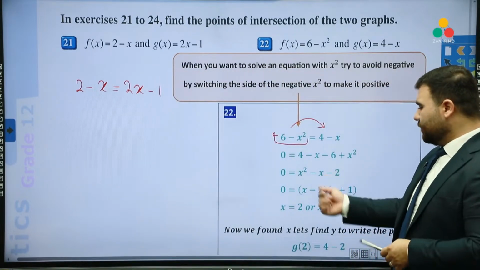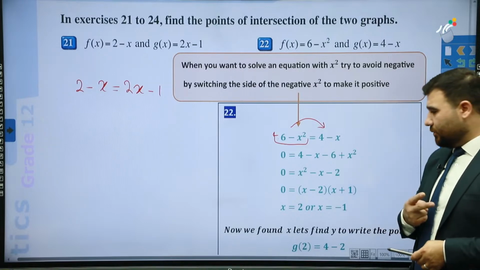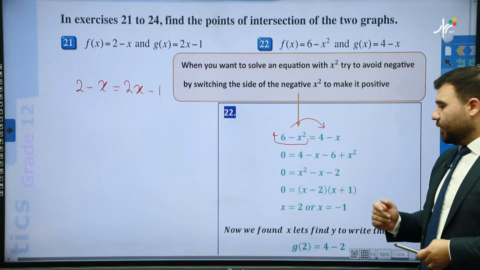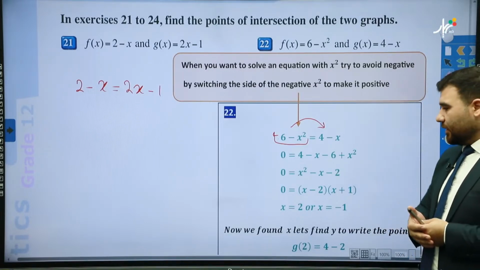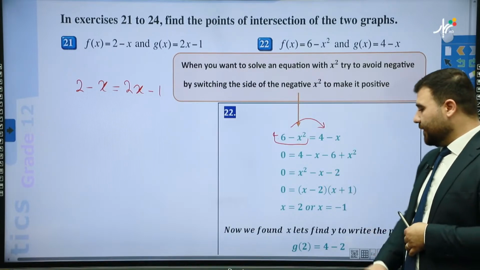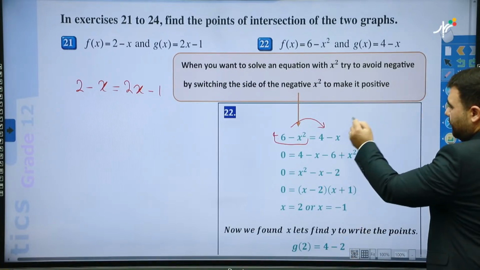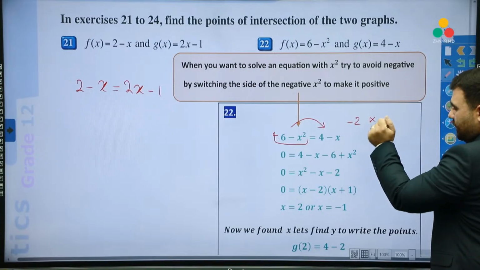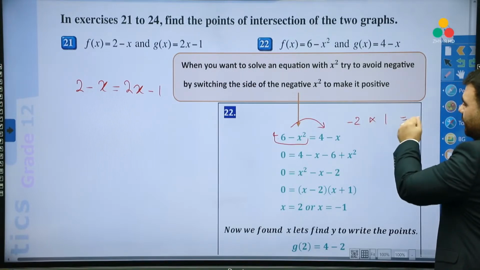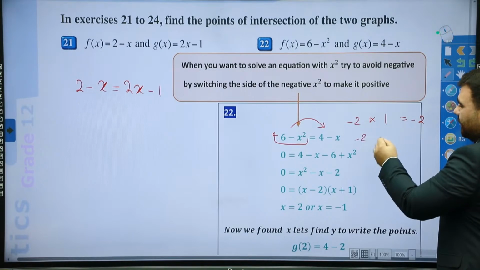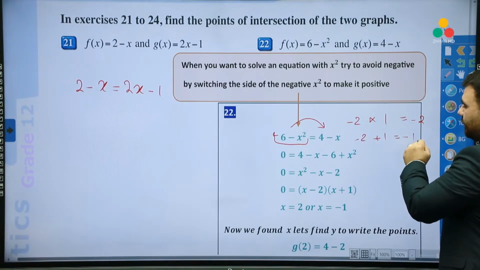To factorize this, we need two numbers. When we multiply these two numbers, the result is -2. When we add these two numbers, the result is -1. These two numbers are -2 and 1. -2 times 1, -2. -2 plus 1, -1.